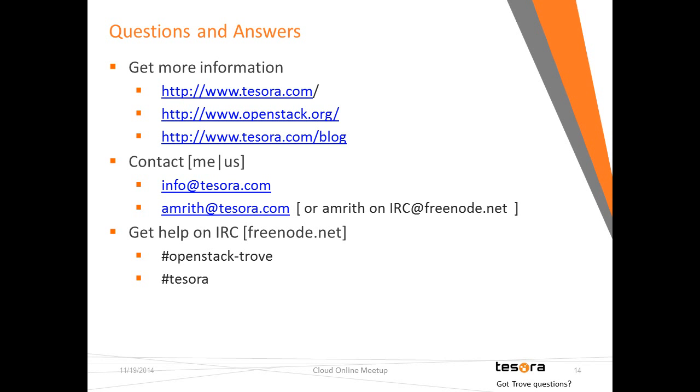So there's a question here. What does it mean to say that companies are offering to put their databases into Trove? So great question. In order to run in Trove, there are a couple of things which you need to do. The first of them is that Trove needs to understand how to provision, manage, and operate a particular database.